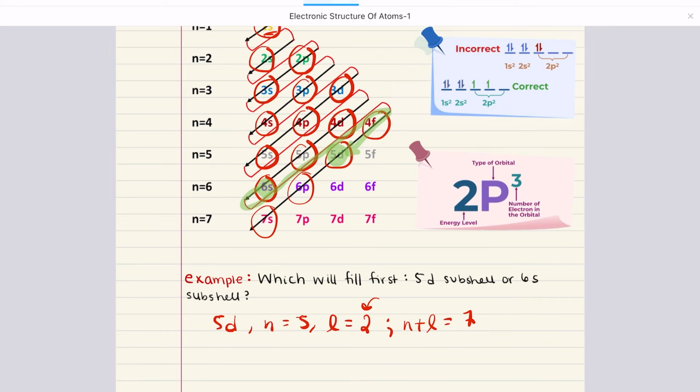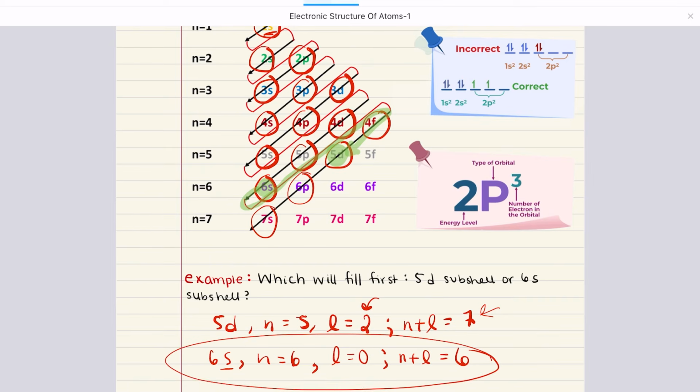Then we can do that for 6s. The n here is equal to 6, and this is the s subshell, so L is equal to 0. Let's add up the principal quantum number and the angular momentum quantum number. This gives us a value of 6. 6 is less than 7, so this is a lower energy subshell, and it will be filled first.